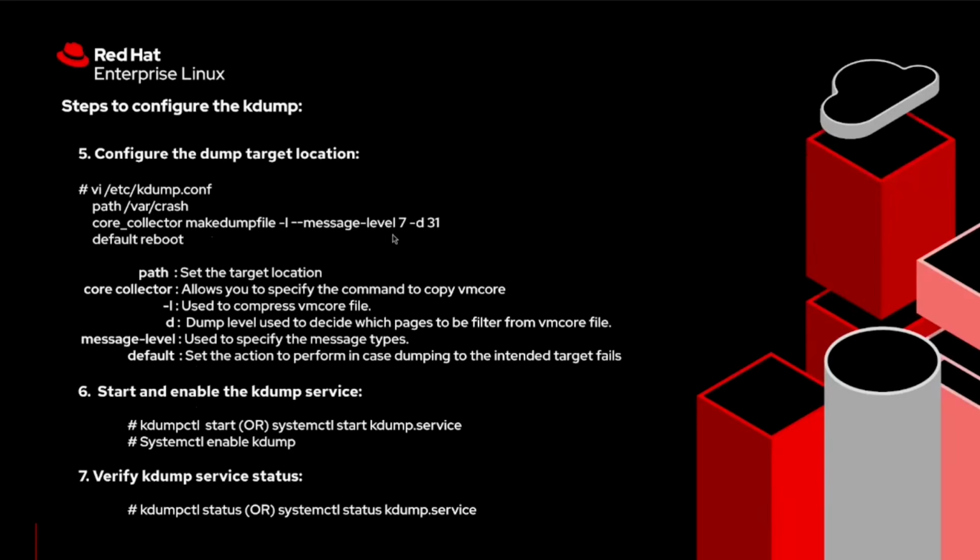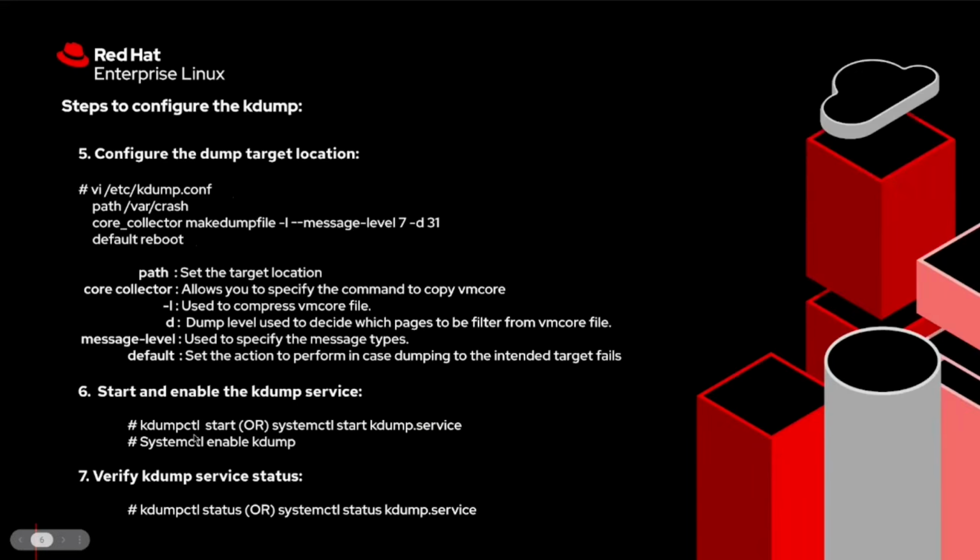Here it's set as 7, which means it prints the progress indicators, common messages and error messages. And -d dump level specifies the types of unnecessary pages for the analysis. It's set as 31, which excludes zero pages, private and non-private cache, user data and free pages. And set the default action to reboot, to perform in case dumping to the intended target fails.